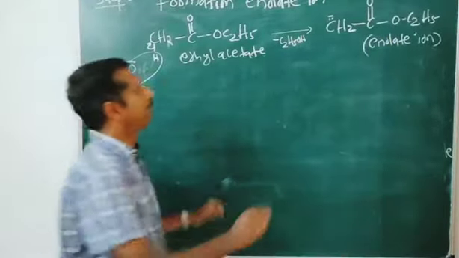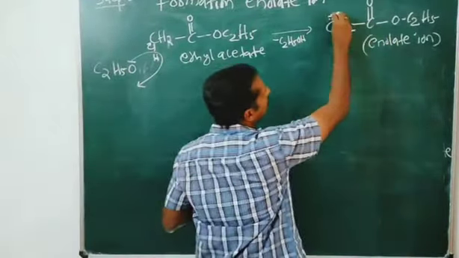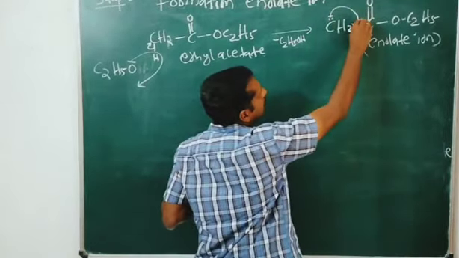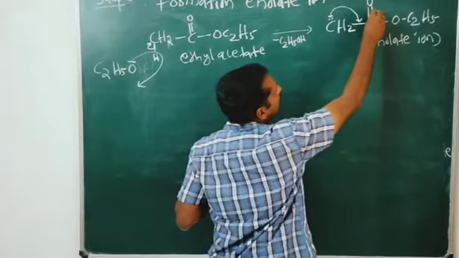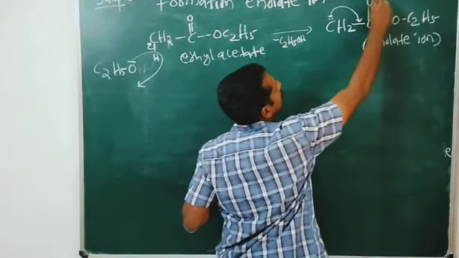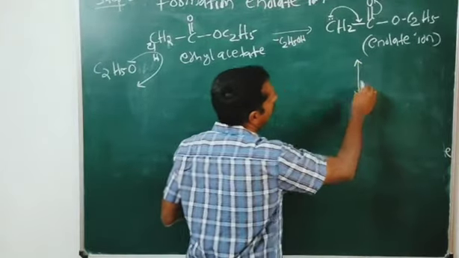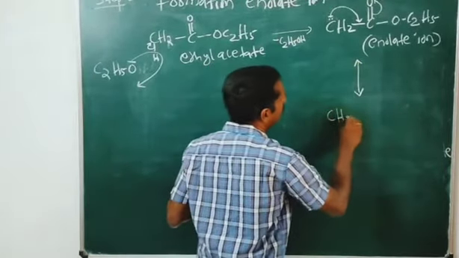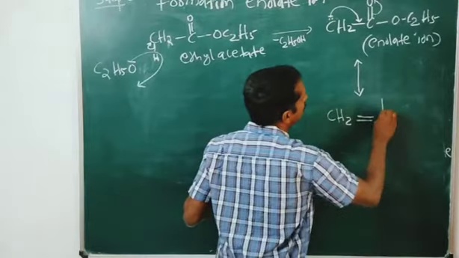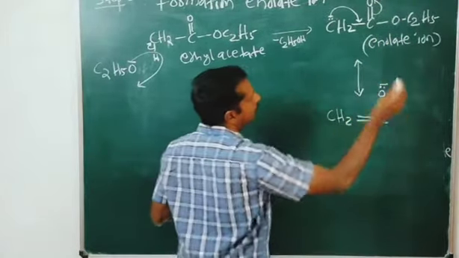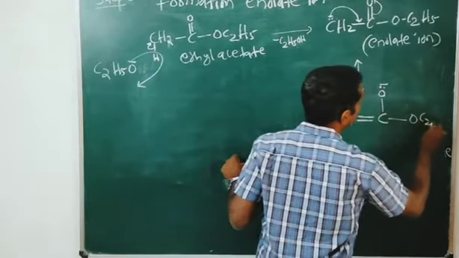Now look here, this enolate ion can be stabilized by resonance. This pair of electrons will be shifted to here, and therefore one of the double bonds will be shifted to oxygen. So in the resonance stabilization of enolate ion, we get CH2 double bond C, here it will become O, and since the bond is shifting to oxygen, a pair of electrons with a negative charge, O C2H5.